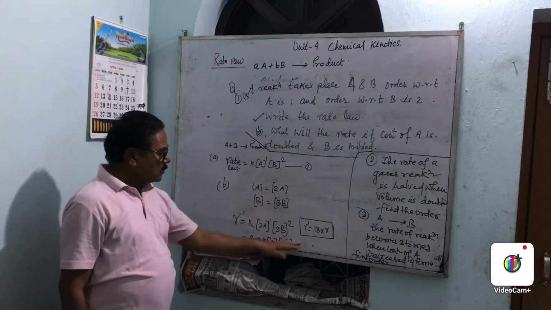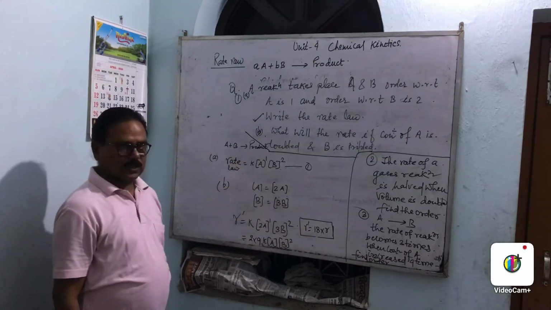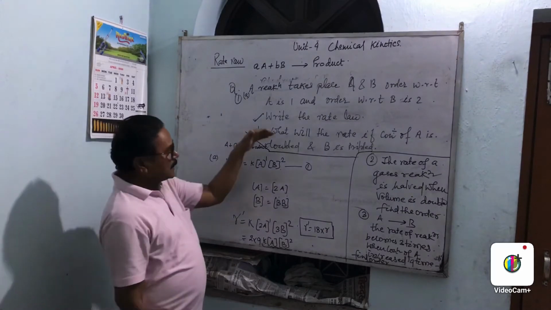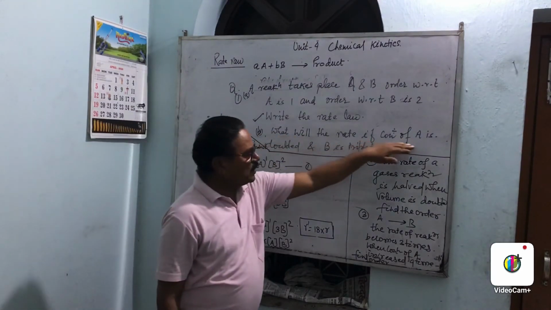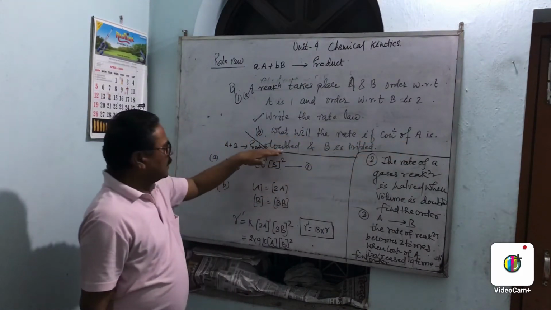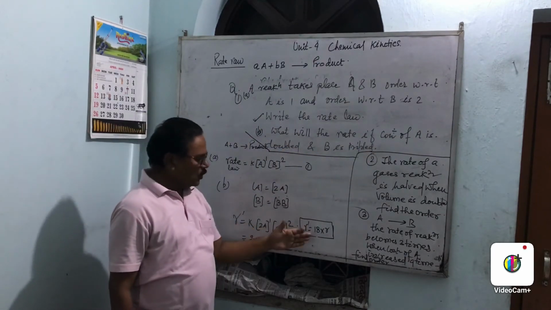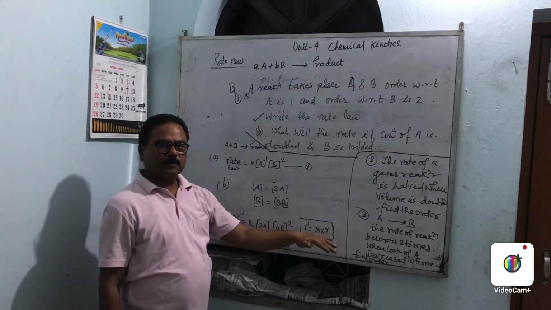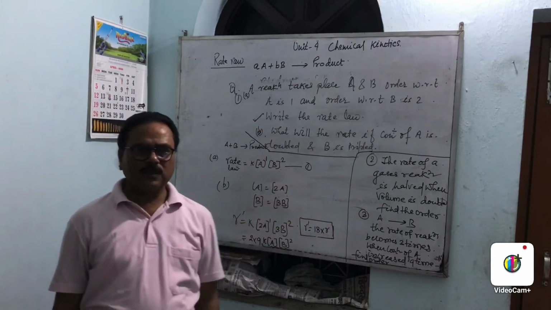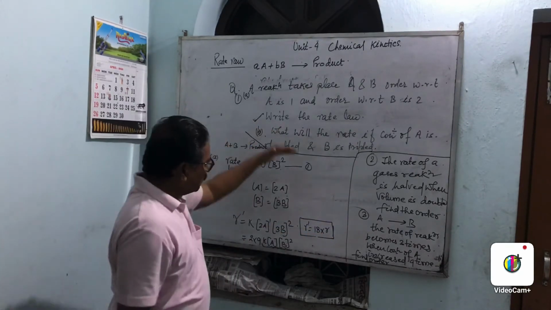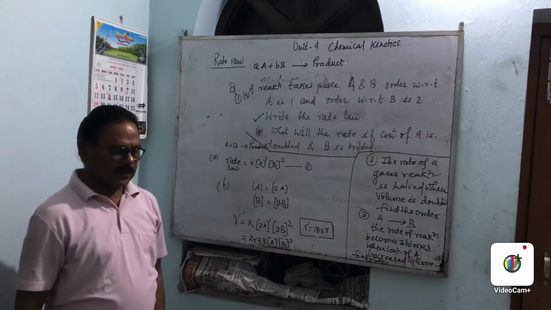So this becomes equal to the rate by the first equation. When the concentration of A is doubled and B is tripled, the new rate will become 18 times the first rate. So we are able to solve the problem in such a way.